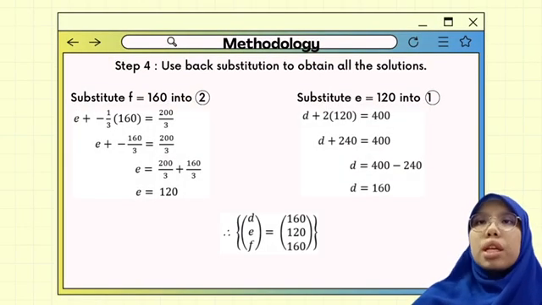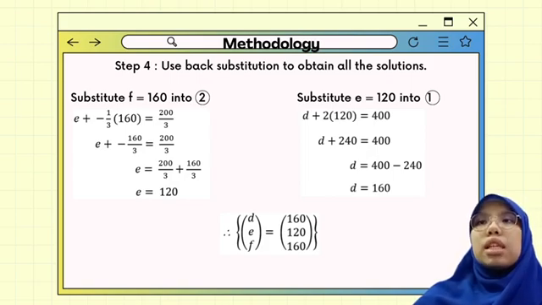Step 4: use back substitution to obtain all the solutions. Substitute F equals 160 into equation 2: E plus negative 1 over 3 multiplied by 160 equals 200 over 3, and we get E equals 120.